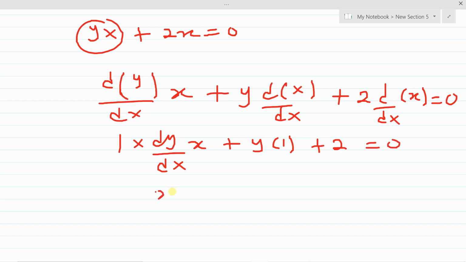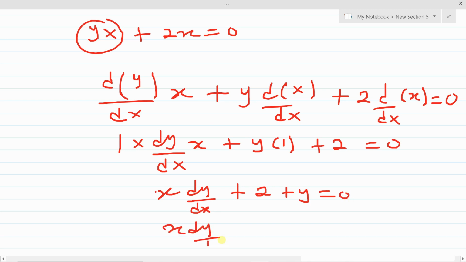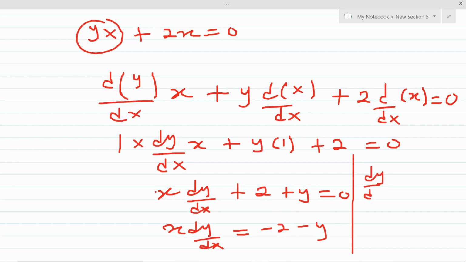So I'll get x dy/dx plus 2 plus y is equal to 0. So x dy/dx is equal to -2 minus y. This will imply that dy/dx is equal to (-2 minus y) over x, and this will be your solution for your differentiation.